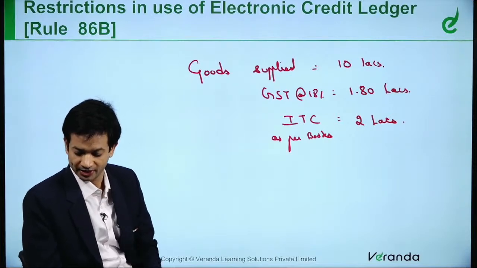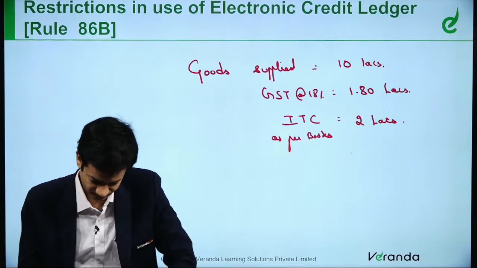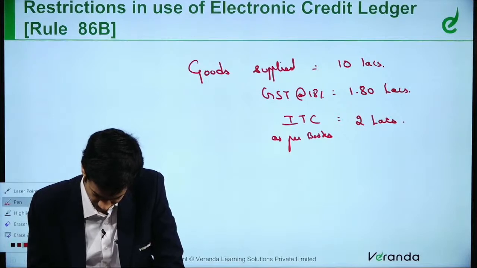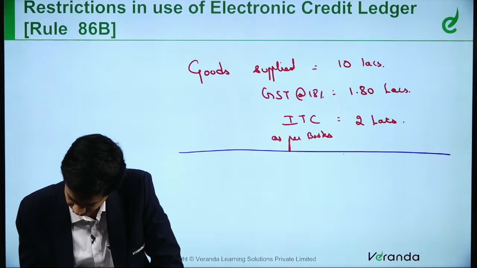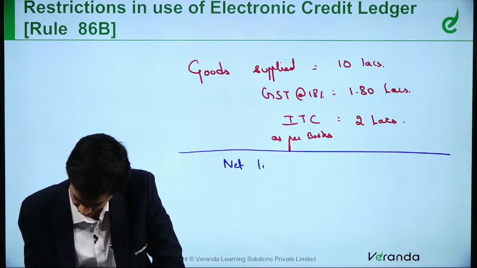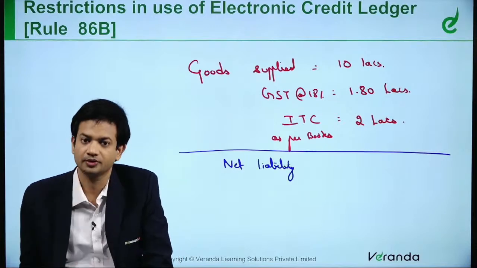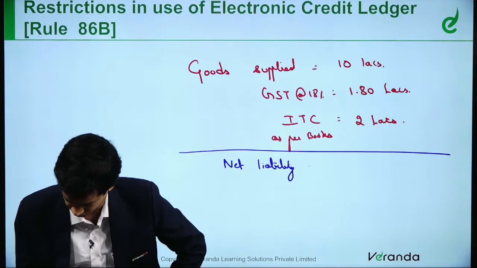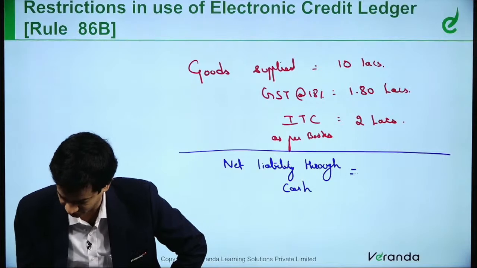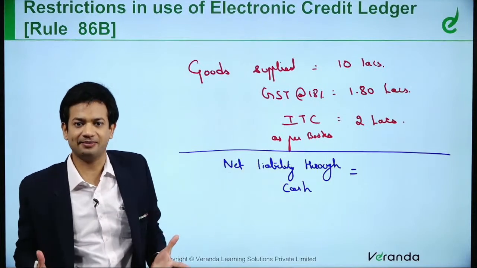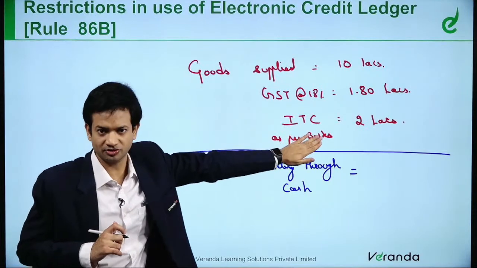Now here, if you see net liability, pre-amendment, post-amendment. Pre-amendment, how much will I pay in tax? Net liability through cash? 0, because liability is 1.8 and I have ITC of 2 lakhs. Net liability to be paid is 0 because I have excess input tax credit with me, right?